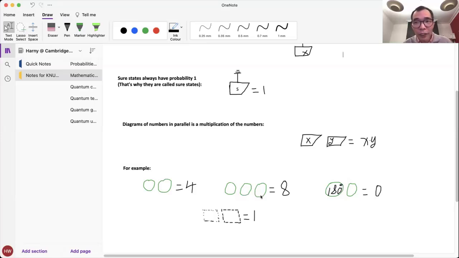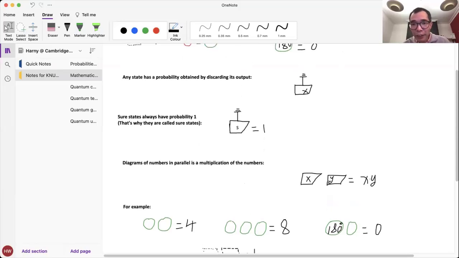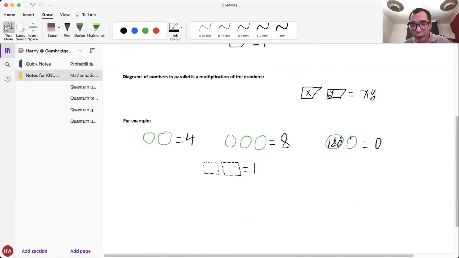If you put 3 circles together, then you will get the number 8, right? But if you put the 108 degree green circle with the 0 degree green circle, then this is 0, as we have said, and this is 2. So 0 times 2 is still 0. And also, if you have 2 empty squares, it is still an empty diagram.